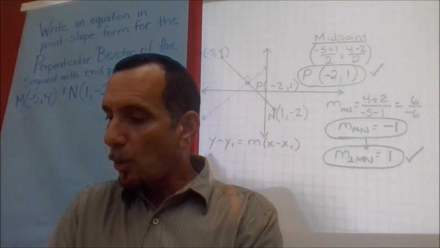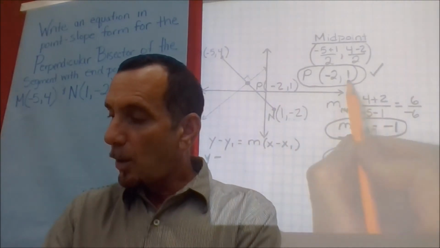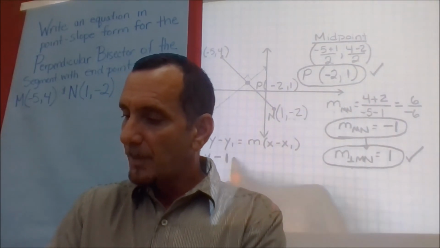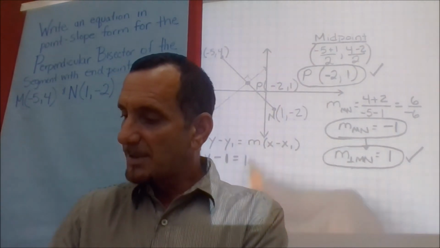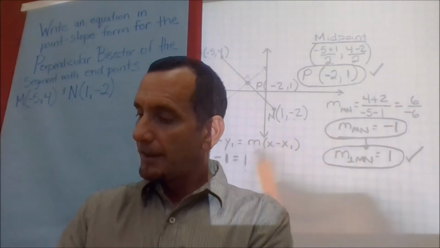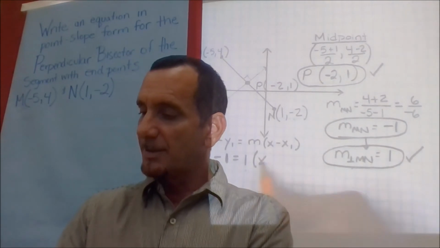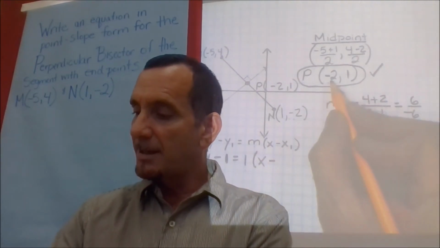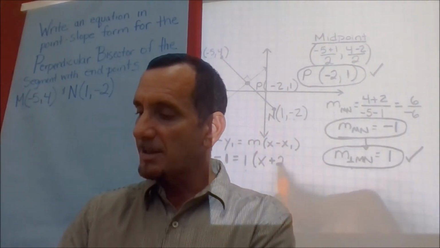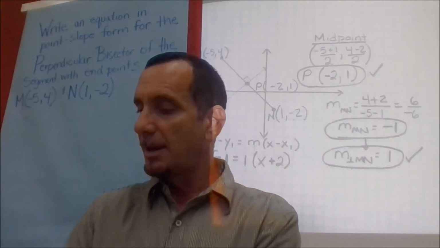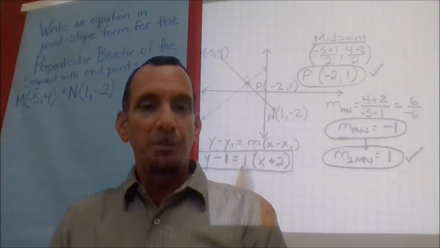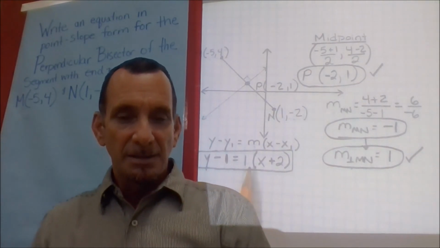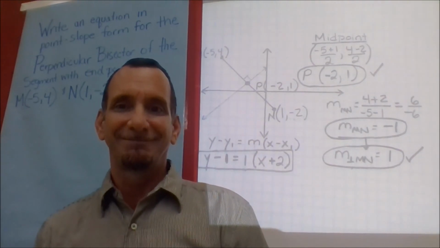So I'm going to say y minus y1 is 1 equals 1, which is the slope, x minus a negative 2. I'm just going to put plus 2. And there you have it, the slope of a perpendicular line to the given segment.